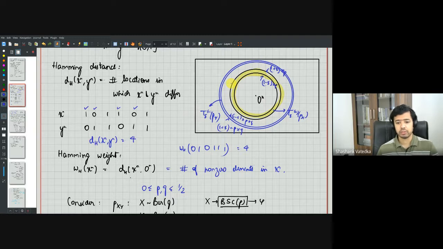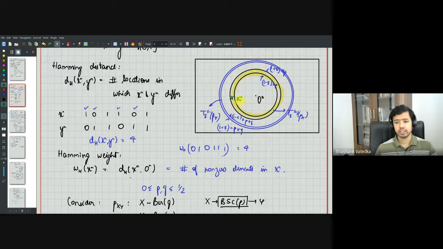Now what about the joint distribution of x and y? Let us fix any xn in the typical set. You know that if xn, yn are jointly typical, then xn and yn are individually typical with respect to each other. Every typical xn is going to lie within this particular thin shell. Let us say this is one particular xn.